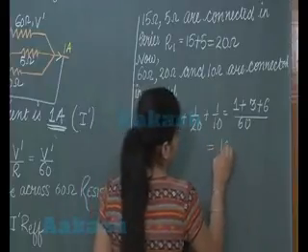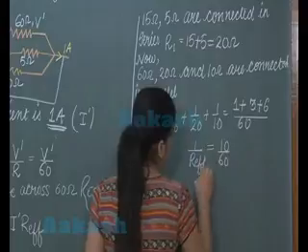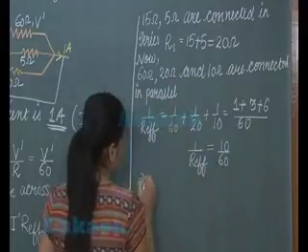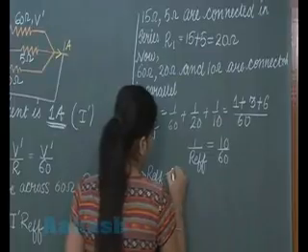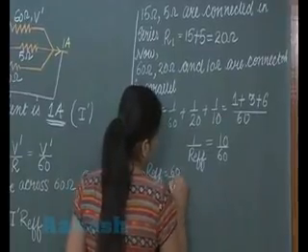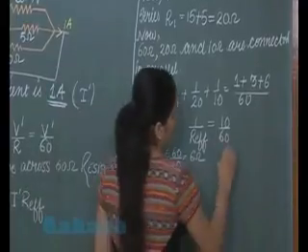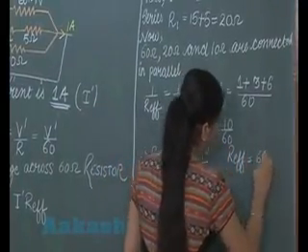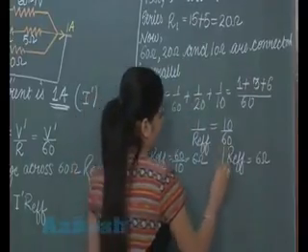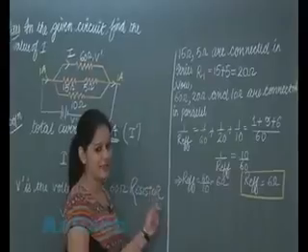We will get 10 by 60. This is 1 by R effective. So student, this implies that R effective is equal to 60 by 10, which is equal to 6 ohm. So student, R effective is 6 ohm. That is, the effective resistance of the given circuit is 6 ohm.